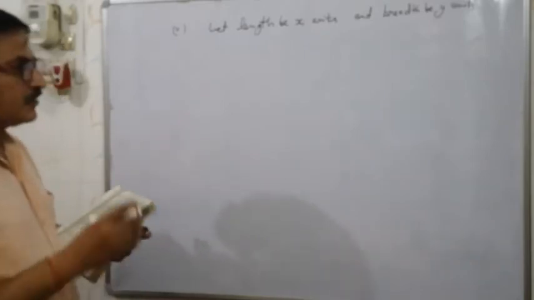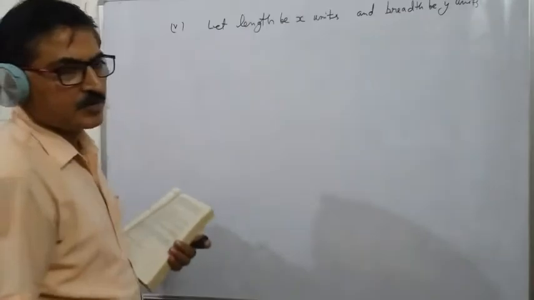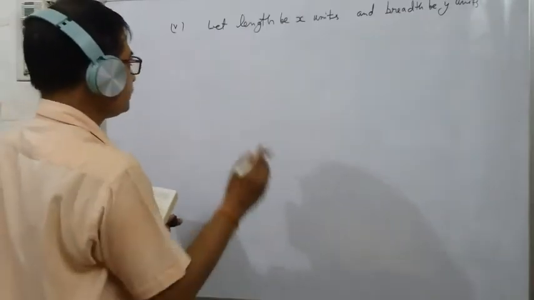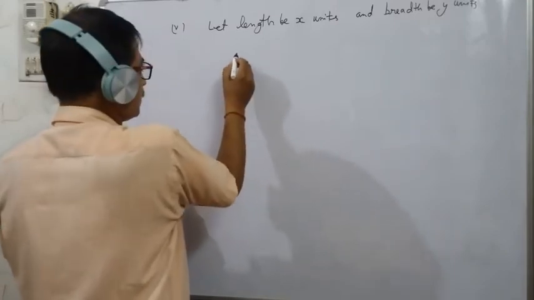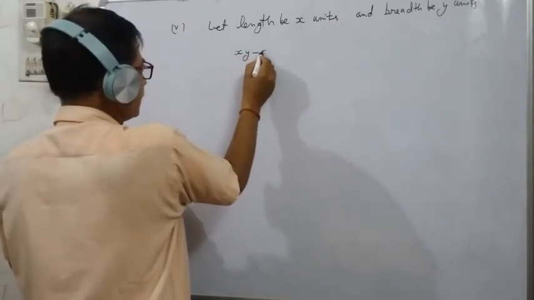the area of the rectangle will be what? Area of rectangle will be length into breadth, x into y. To reduce by 9 square units, it means xy minus 9.